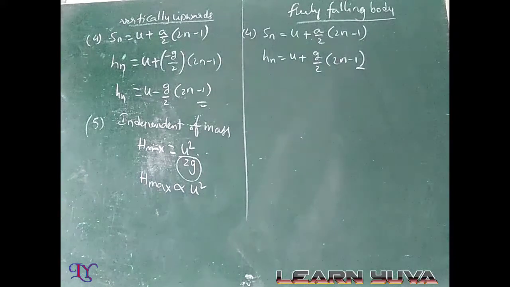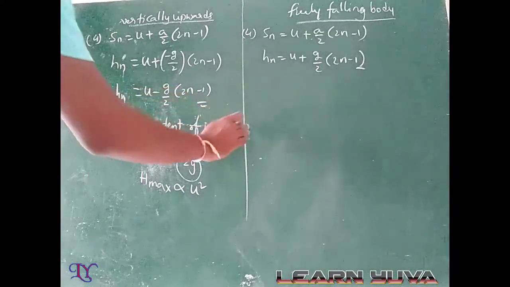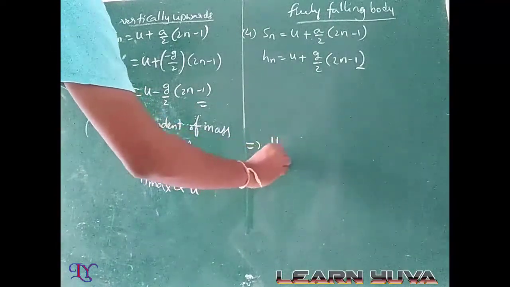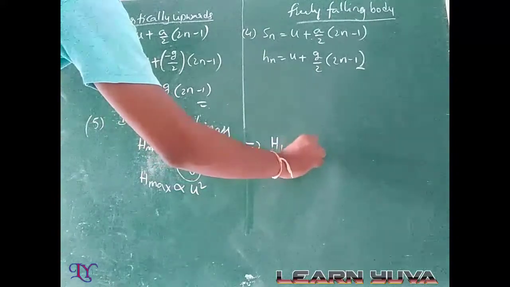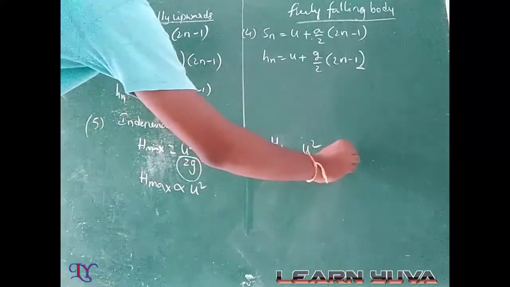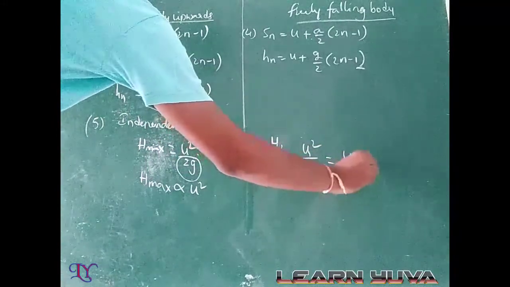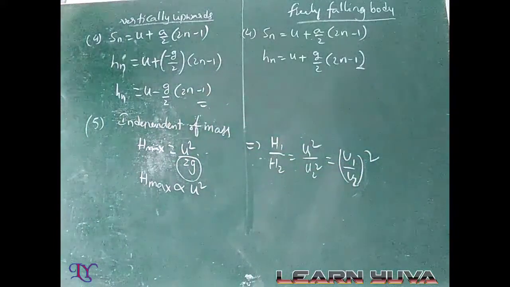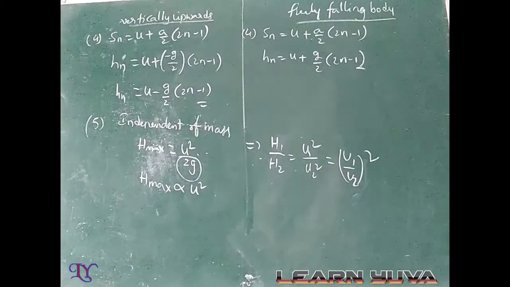Hmax is directly proportional to u square. So for two bodies, this equation becomes h1 by h2 is equal to u1 square by u2 square. This can be written as u1 by u2 whole square. This case is possible when the ratios of the two bodies are given, right?